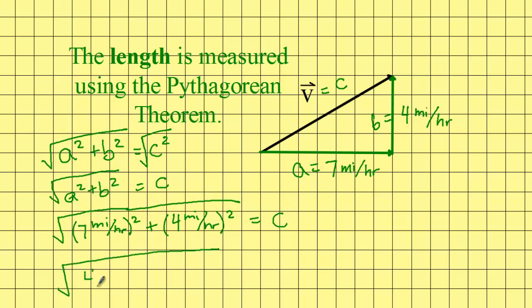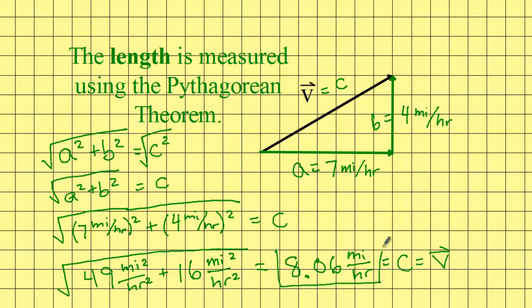That would be 49 miles squared per hour squared plus 16, which is 4 squared, miles squared per hour squared. Those are kind of funky units, but they'll work out here in a second. And so when I put that in my calculator, I get 8.06 miles per hour. And that equals c, which is our velocity. So we just found the magnitude of our vector using the Pythagorean theorem.